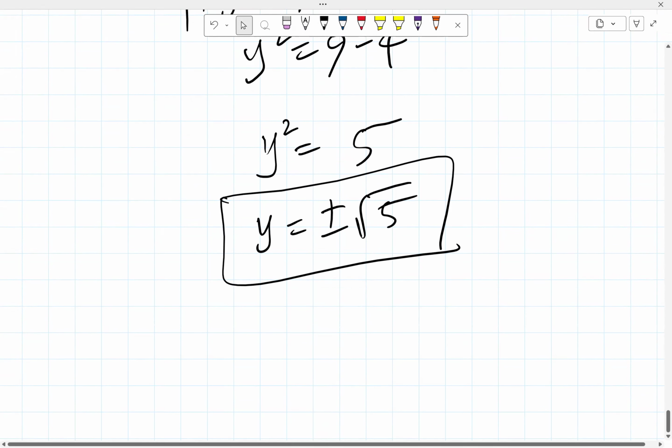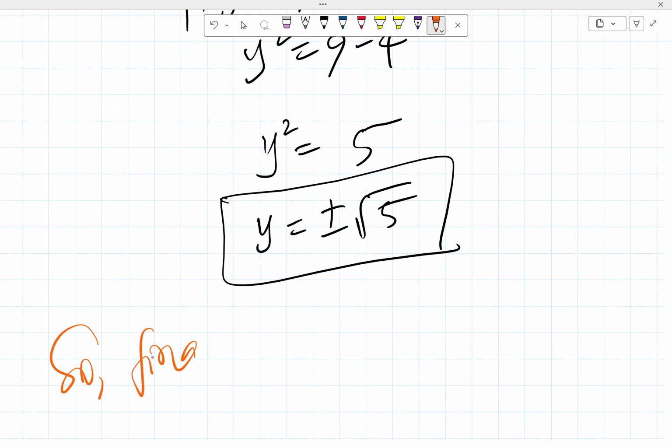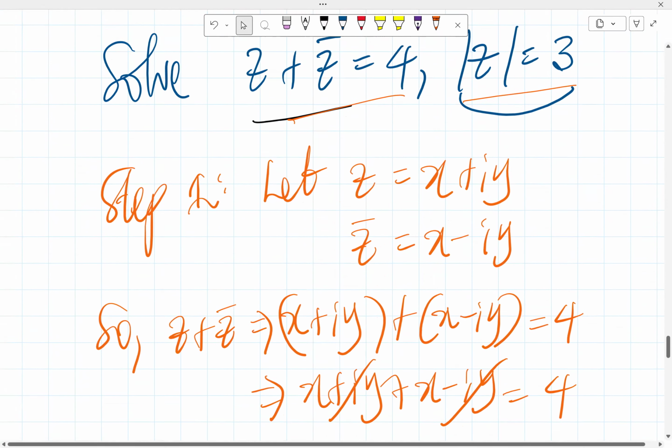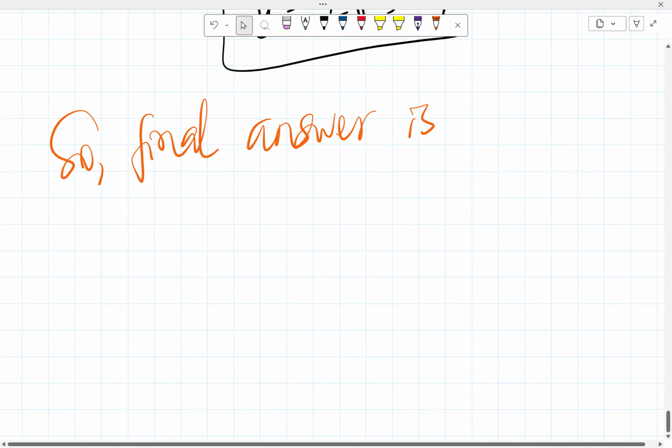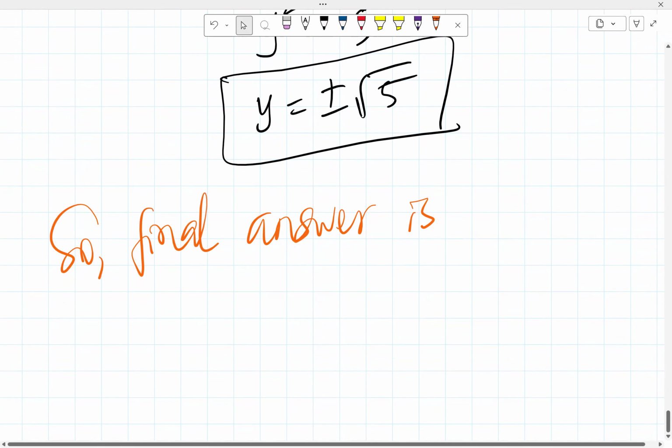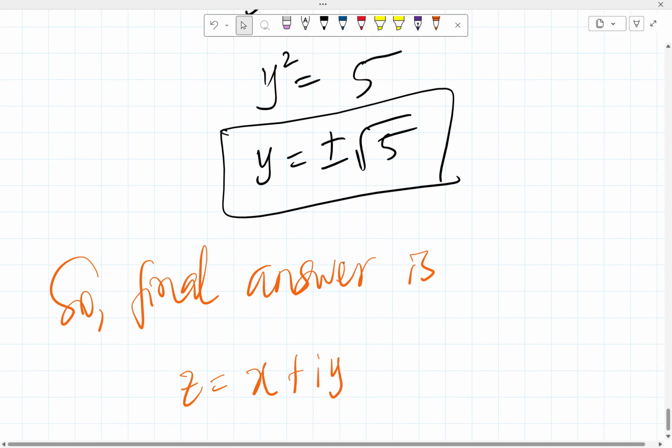So we can then talk about the final answer. We are solving an equation, so we need z from that, right? Because we have z to be x plus iy. We have found x, we have found y.